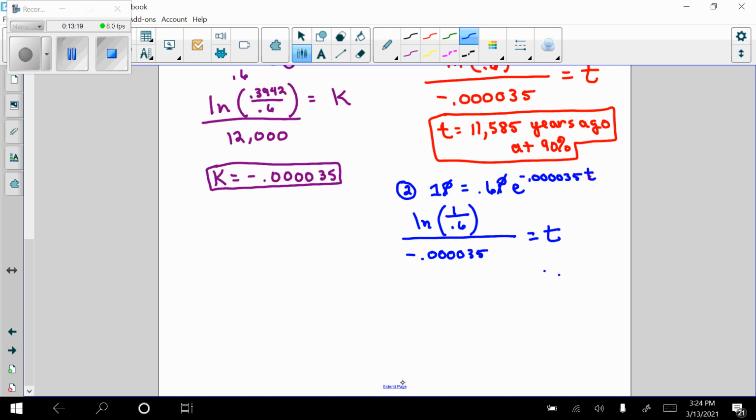So if you put that in your calculator, T is about 14,595 years ago. Where the isotope was at 100%.